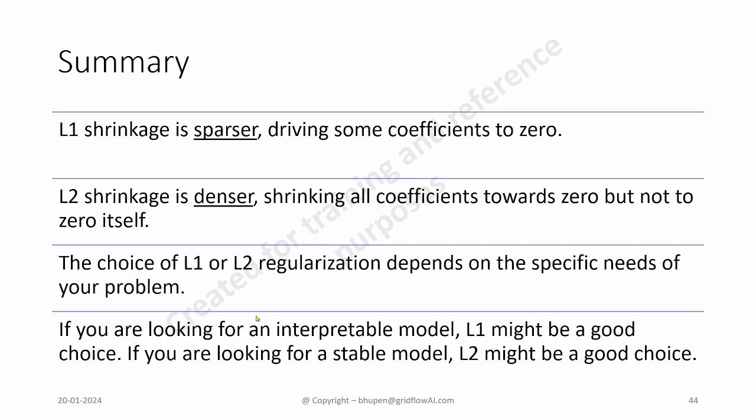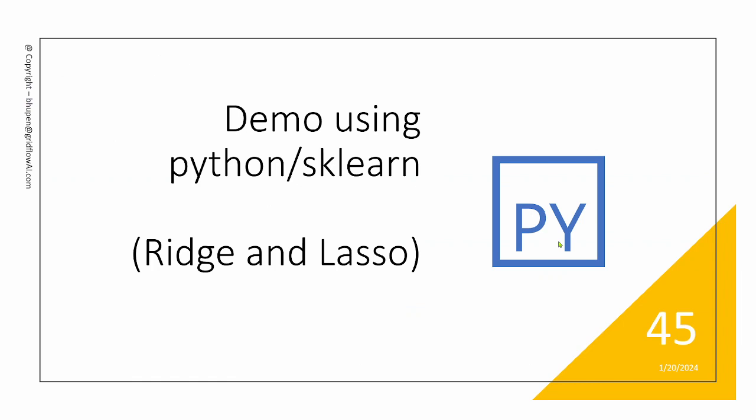If you want a more interpretable model, L1 might be a good choice. If you're looking for a more stable model, then L2 might be a good choice. Or else you can think of combining L1 and L2 together. Next I'm going to show you a Python code demo for Ridge and Lasso, and how they are actually implemented.